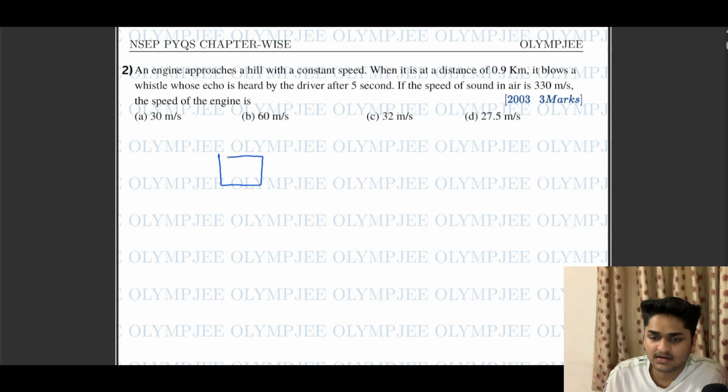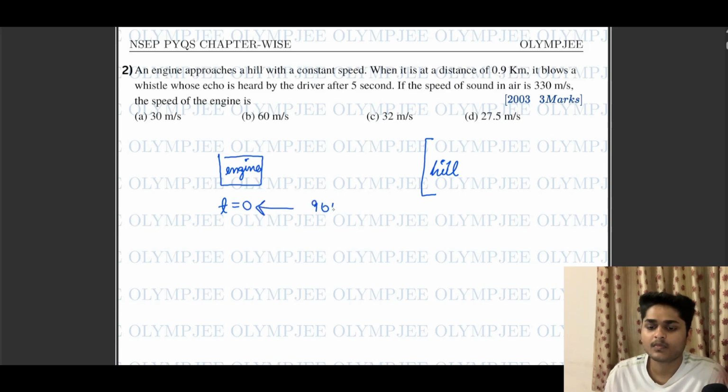Imagine that the engine is at this position at t is equal to 0. And the hill is located at some distance. It is given as 900 meters. And after 5 seconds the engine will be somewhere around here.